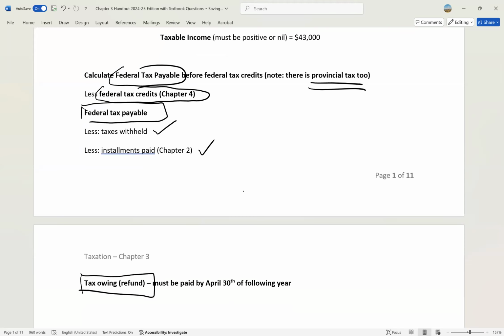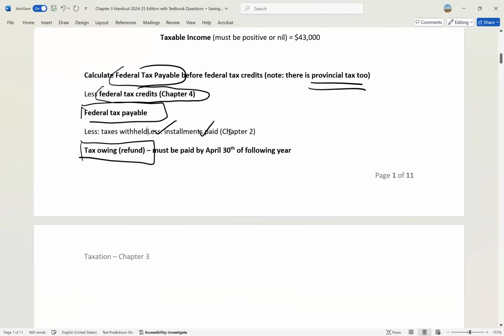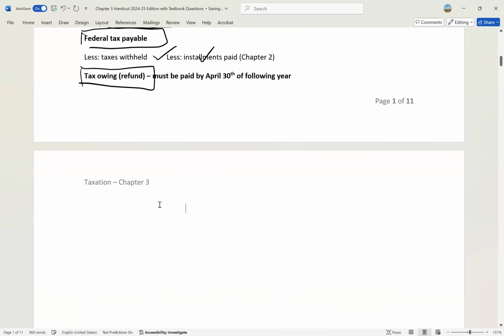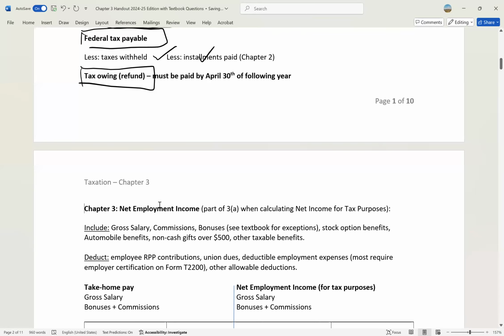So that's a really brief example and overview of what we focused on last week when we calculate net income for tax purposes and also taxable income. I wanted to do that quick review before we jump into the material for chapter 3. Any questions before we jump into the chapter 3 material?